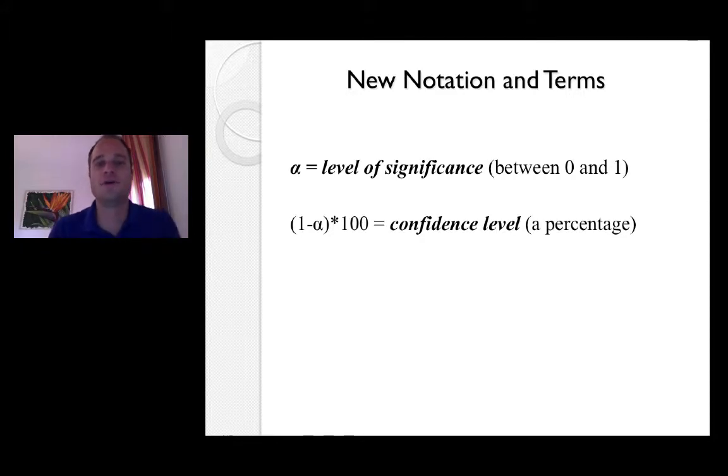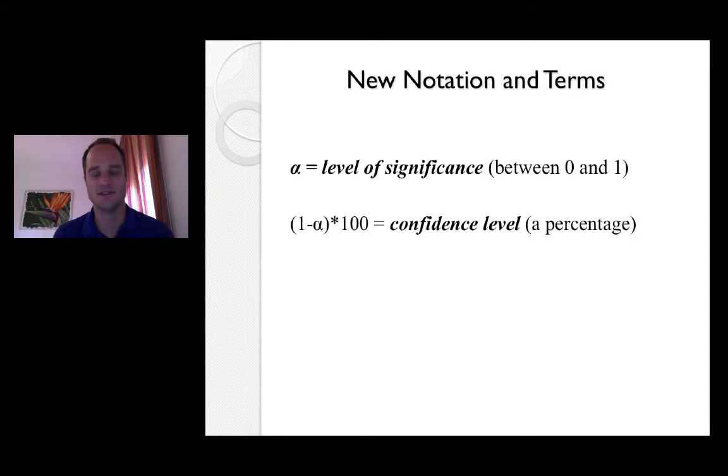All right, some early new notation and terms. We're going to introduce alpha today, and alpha is what we call the level of significance. We'll be using this in our lessons on hypothesis testing and in regression analyses. But here, alpha, the level of significance, is going to be a value between 0 and 1.